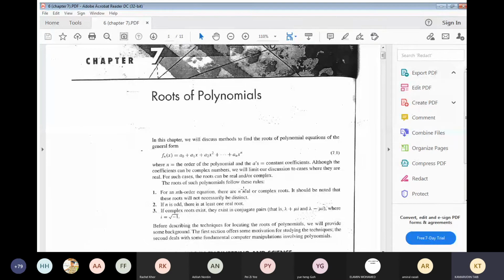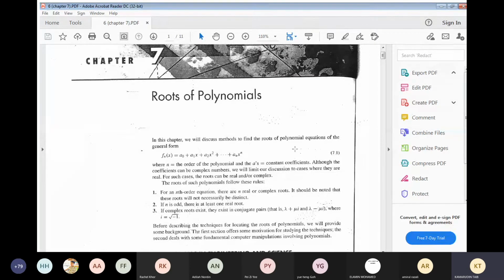So that is called a polynomial. Understand? So n is the order of the polynomial. That means if the power is 10, we have a 10th order polynomial.